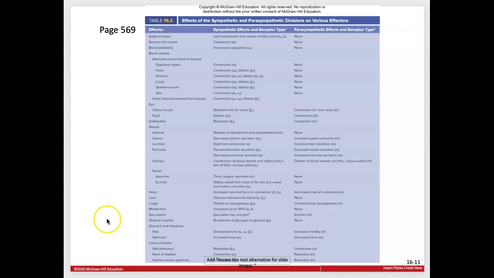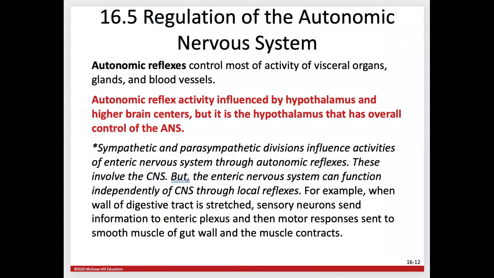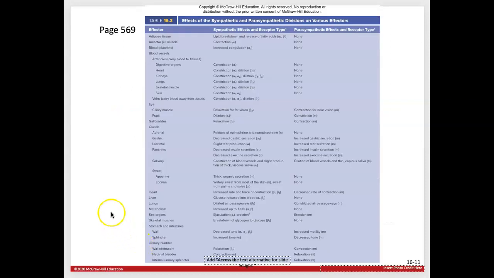But basically, I just want you to notice where the sympathetic may cause your heart rate to increase. The parasympathetic will do the opposite. And there are other things too, like, I think I asked about the kidneys, what the difference in effects the sympathetic has versus the parasympathetic on certain parts of the body.